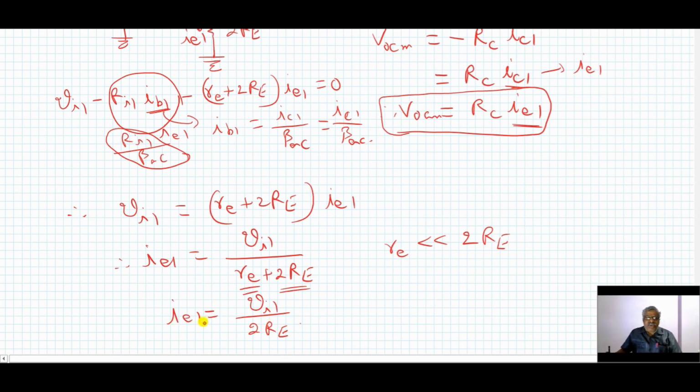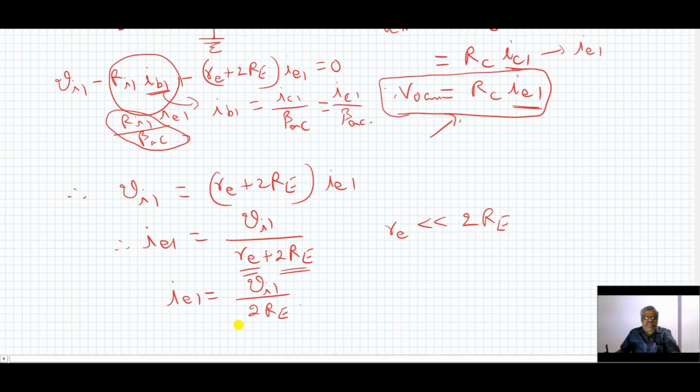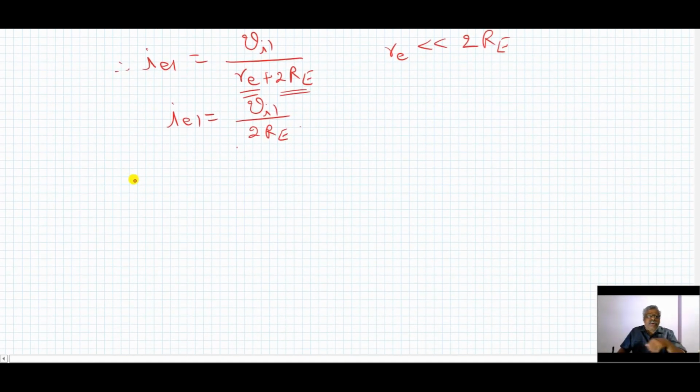So if you substitute this IE1 in our expression for VOCM, our common mode output voltage, then VOCM is equal to RC into IE1, so VI1 by 2RE.